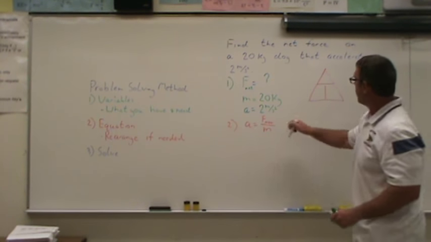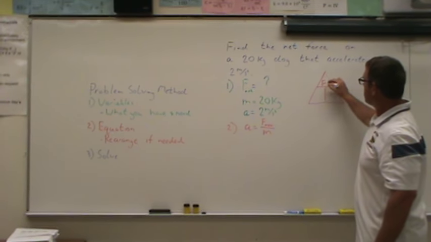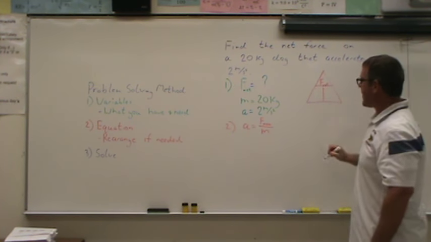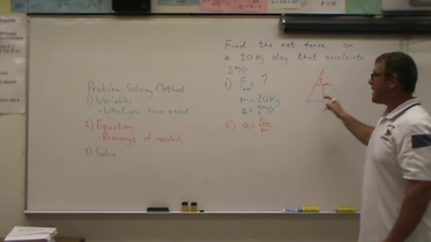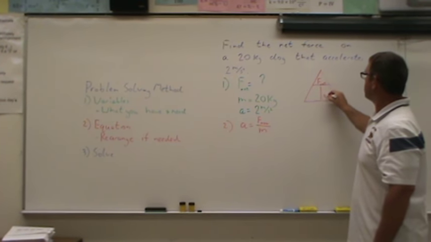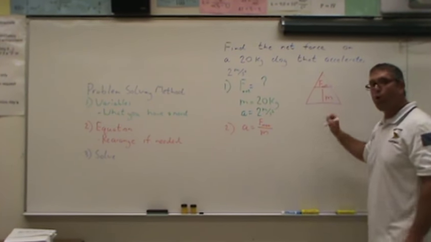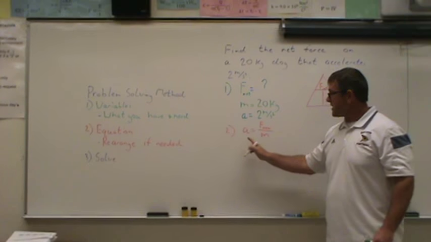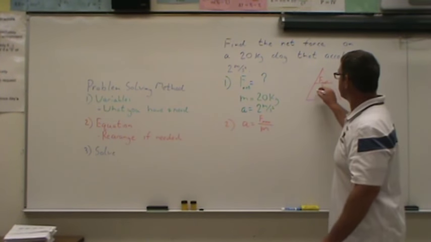So here we have force net up top, and mass. It doesn't matter which spot below, either spot is fine. The leftover corner is the variable we're looking for. In this case, it's the A, the acceleration.